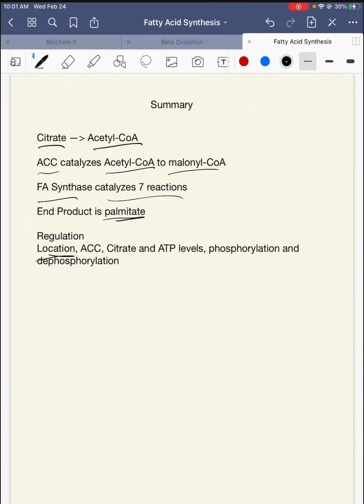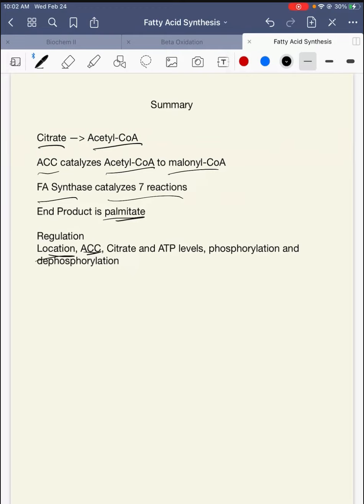It can also be regulated by ACC. Remember, the product of ACC2 inhibits CPT1 of beta oxidation. It's regulated by citrate and ATP levels. Citrate signals high energy levels and can act on ACC, and high ATP and AMP levels are usually regulated together.